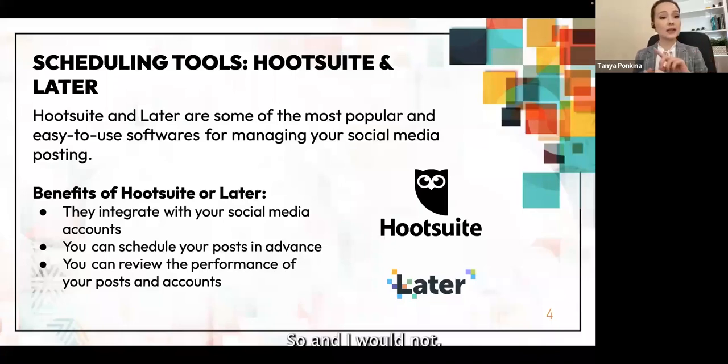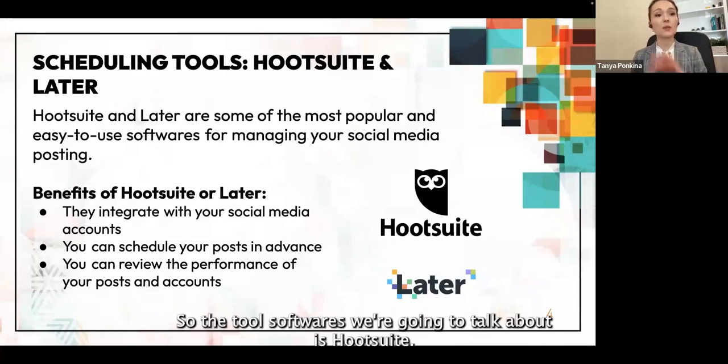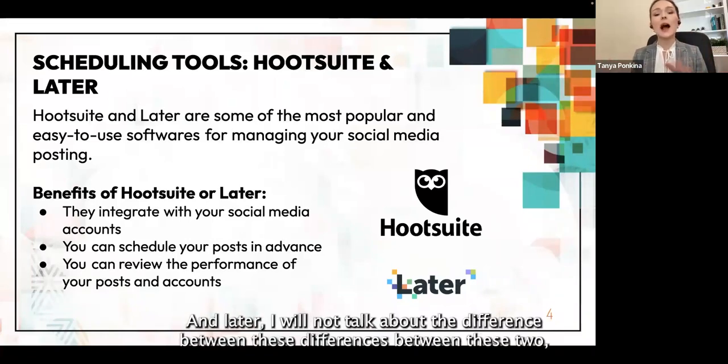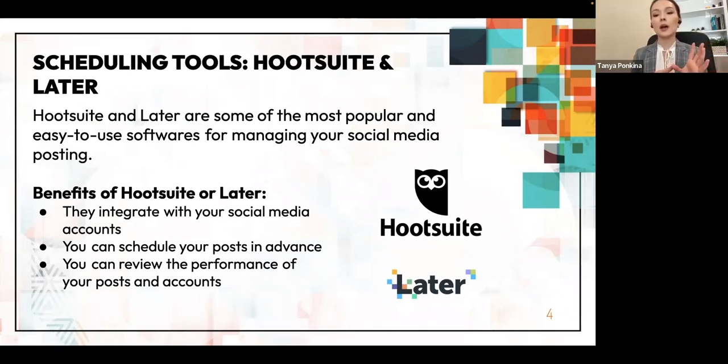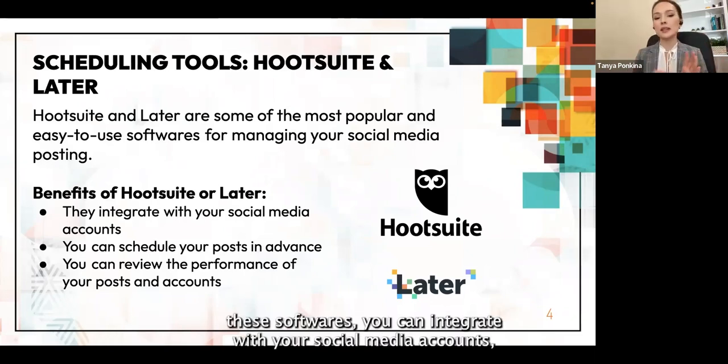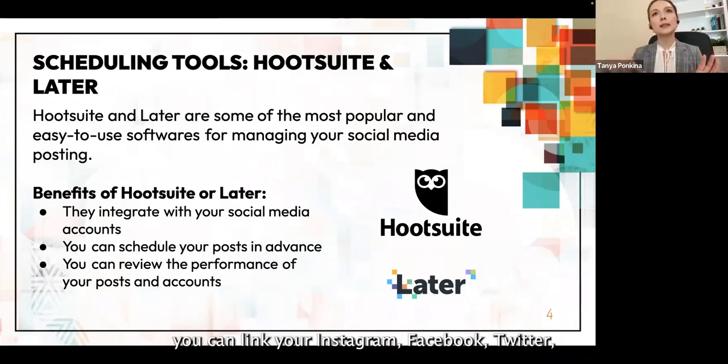So the two software we're going to talk about are Hootsuite and Later. I will not talk about the differences between these two, because when it comes to basic functions, they are very similar. Both of these software you can integrate with your social media accounts. You can link your Instagram, Facebook, Twitter, LinkedIn, and they have some more options.